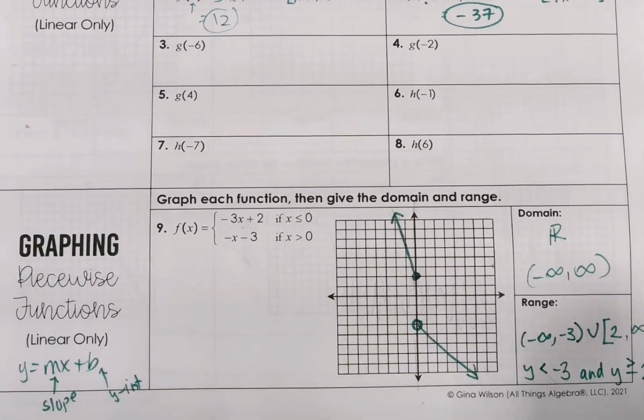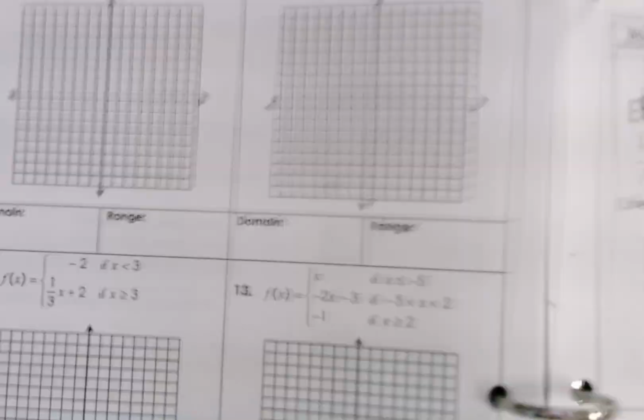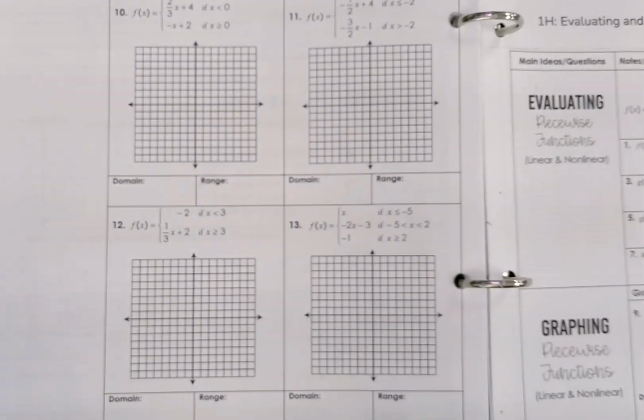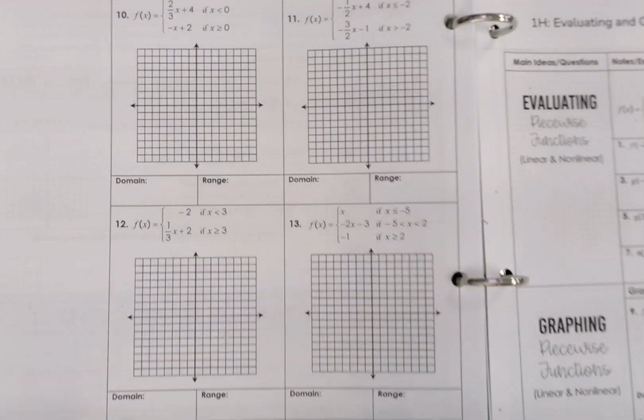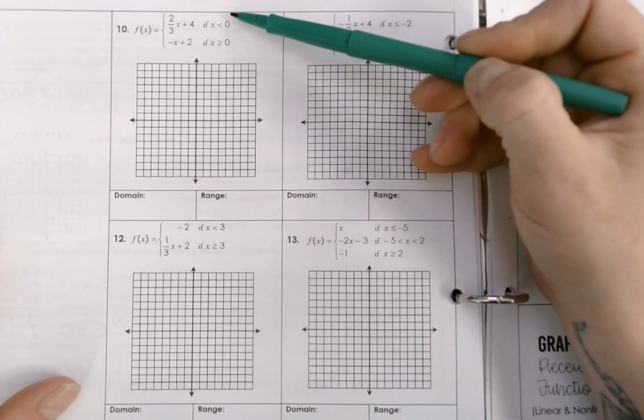One of those. All right, so I would like you to take a look at these examples, 10, 11, 12, and 13, and see if you can graph some of these on your own. So this first one separates the graph at 0.